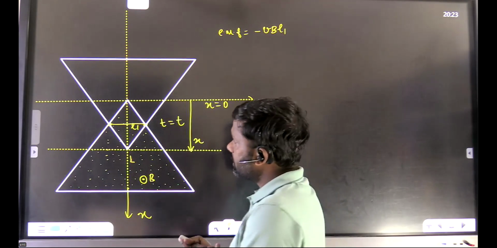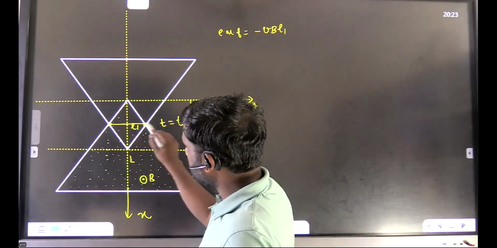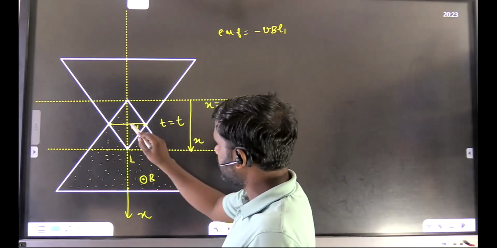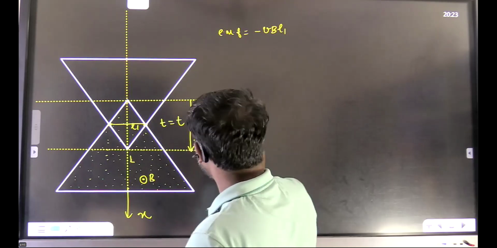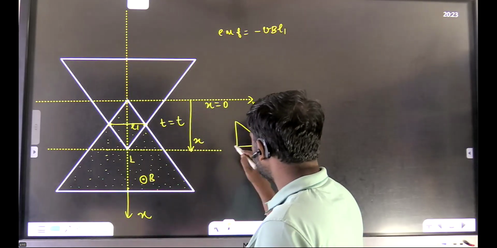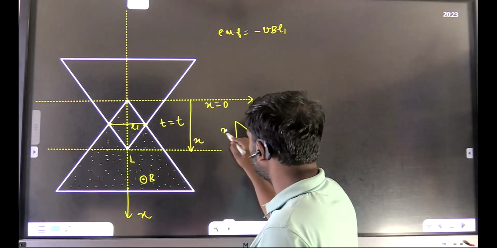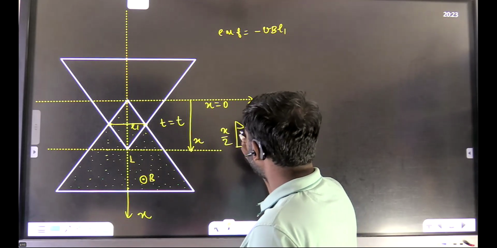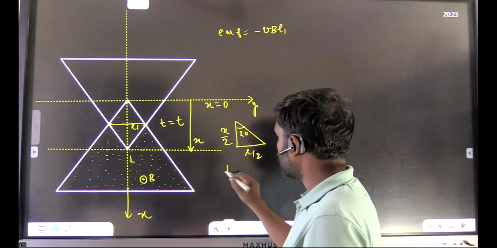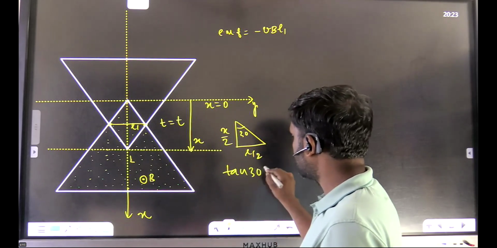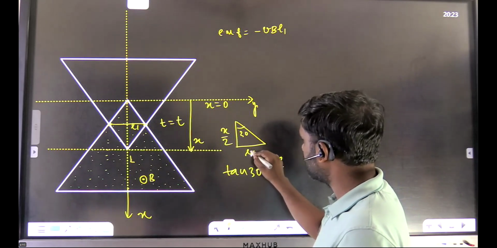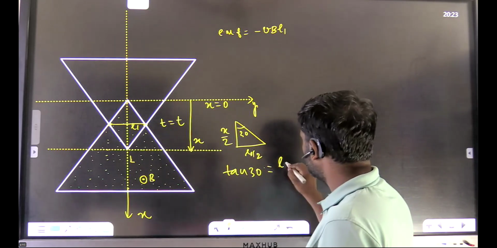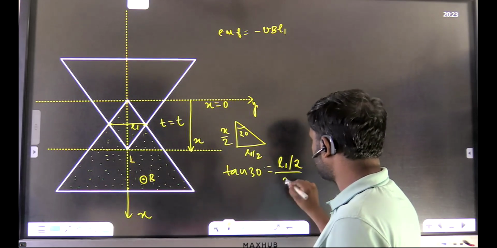Now you see, we can calculate this L1 like this. This length is x, so this half length will be x by 2. So we have a triangle like this. This is L1 by 2, this is x by 2, and this angle is 30 degrees. Therefore, if we use tan 30 degrees, it will be equal to L1 by 2 divided by x by 2.